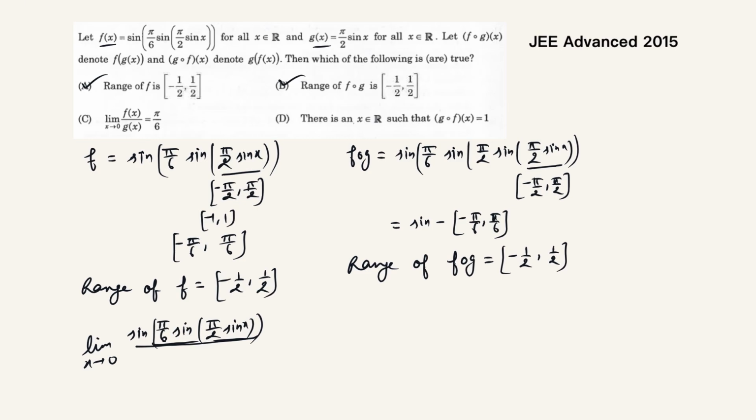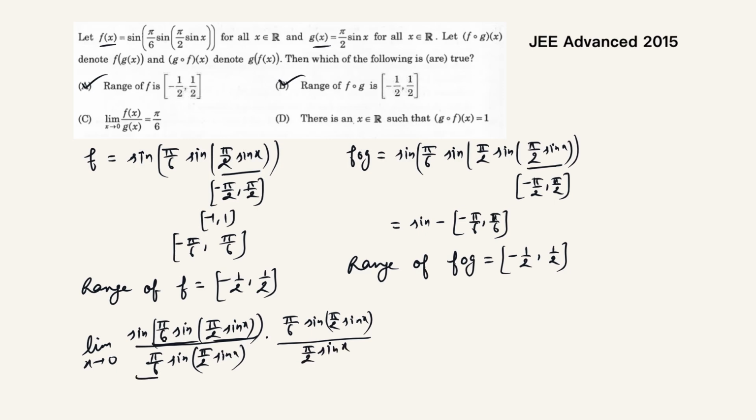So we have to make sine x over x, which means this. And we have to multiply because we divided it. And we have to write gx as well. So gx is pi by 2 sine x.